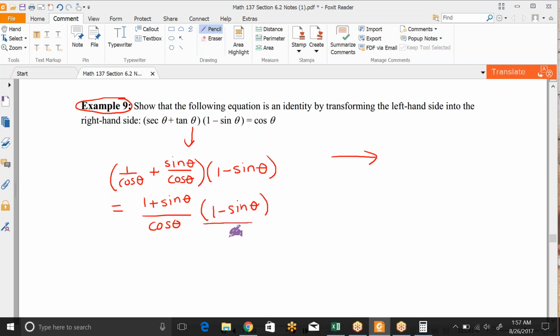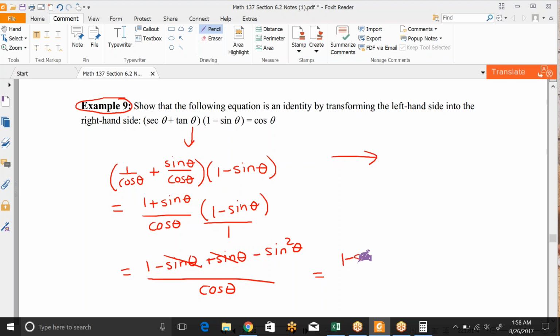We would then just, this is over 1, so we would distribute the top. That's 1 minus sine theta plus sine theta minus sine squared theta. The sines are going to cancel on top, and we still have our cosine in the bottom. And then you get 1 minus sine squared theta on the top. Now, a lot of times things go back to the Pythagorean theorem, or the identities, I should say, which was sine squared theta plus cosine squared theta equals 1.